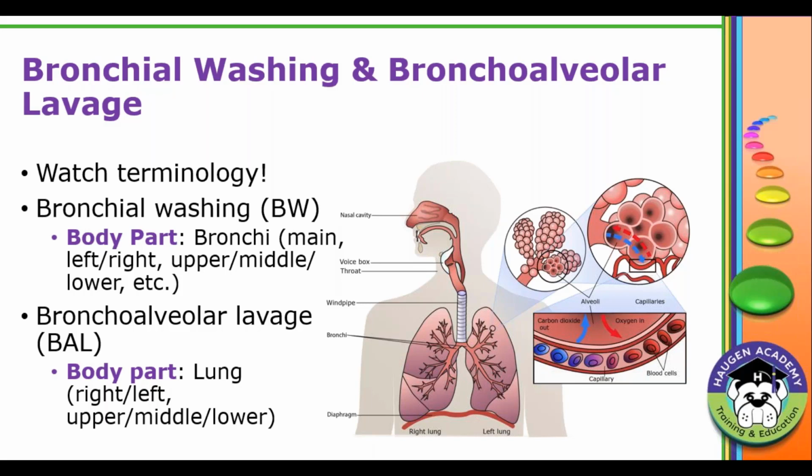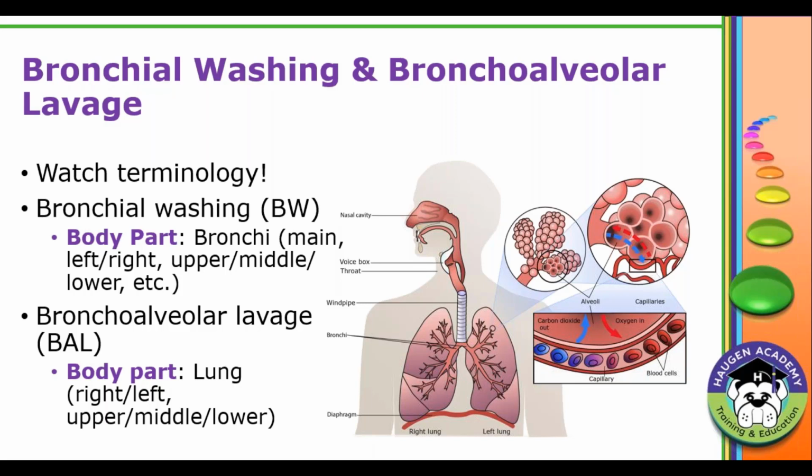What makes these very different, and some things that give you an idea that these are different, is bronchial washings are very low volume. This is bronchi as opposed to the lung, and they don't do any wedging of the catheter, so they don't wedge that catheter into the bronchi.